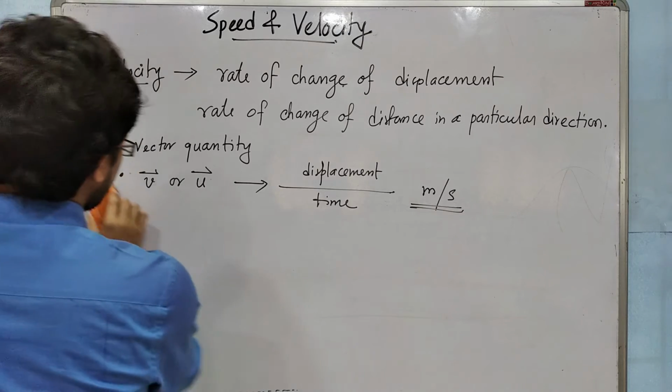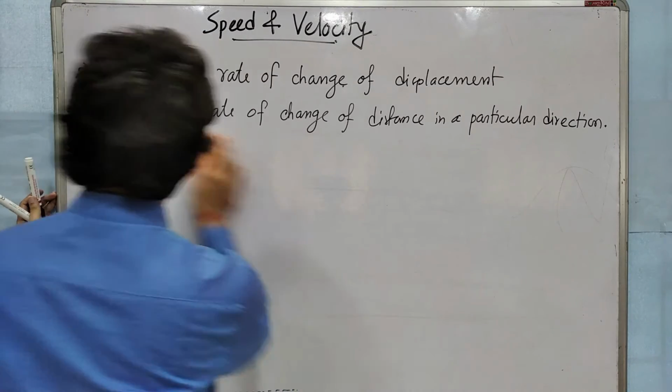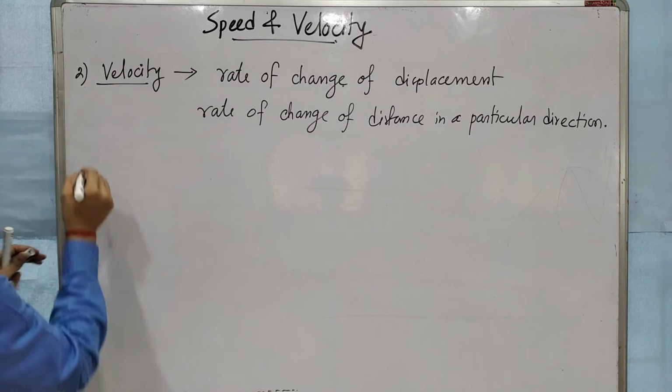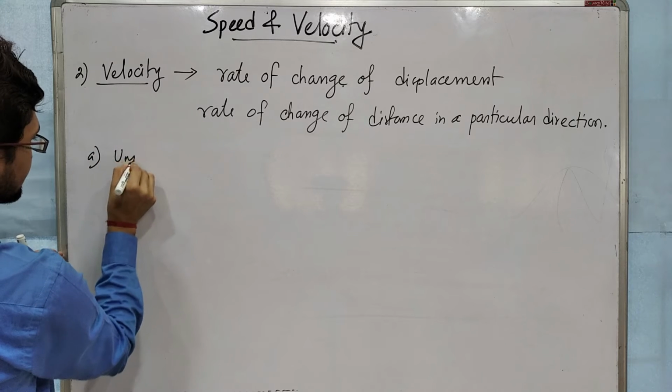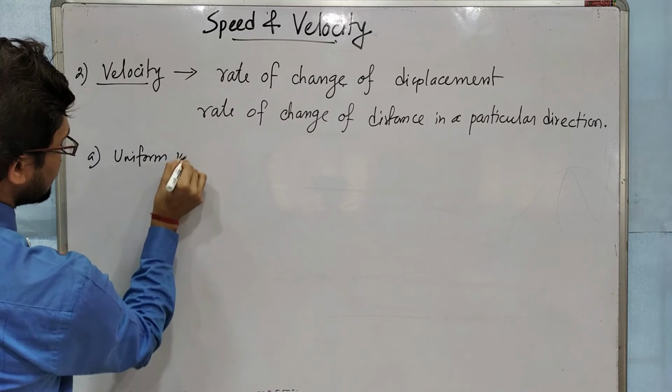So I am erasing this part. First one, A, uniform velocity.